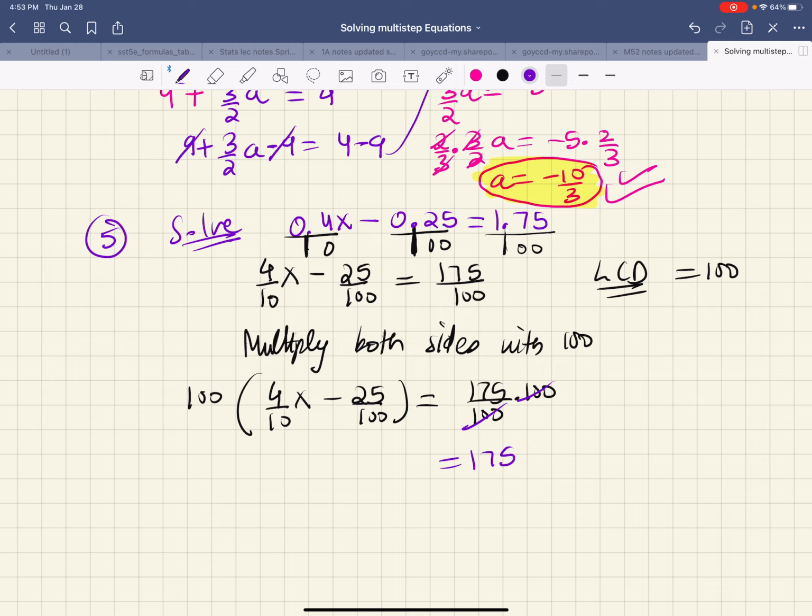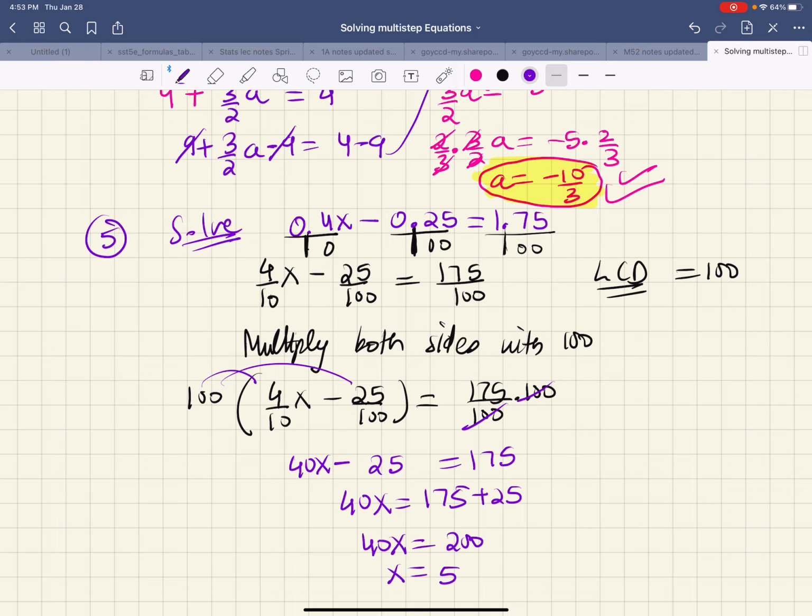So 175, when I distribute, 4/10 times 100 is 40x minus 25 over 100 times 100 is 25. All right, 40x is equal to 175 plus 25. 40x is equal to 200. X comes out to be 5.